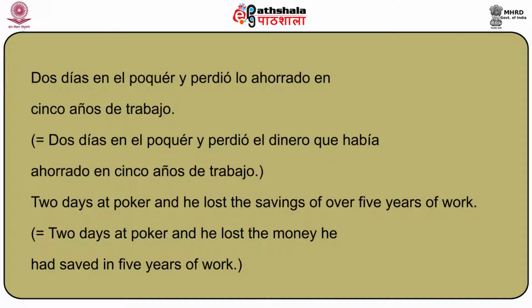The English equivalent is: two days at poker and he lost the savings of over 5 years of work. Another way of saying the same is: two days at poker and he lost the money he had saved in 5 years of work.